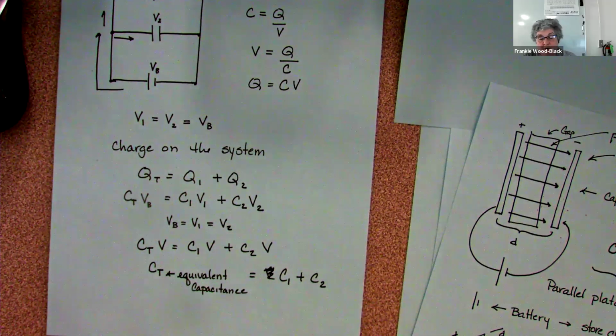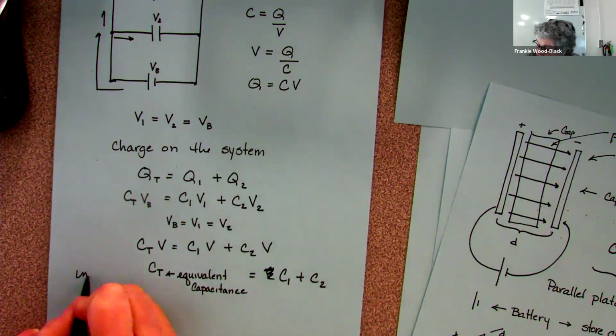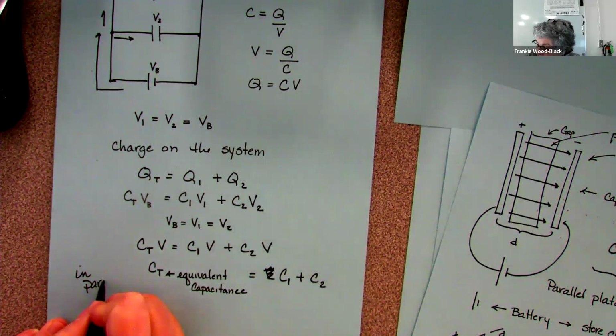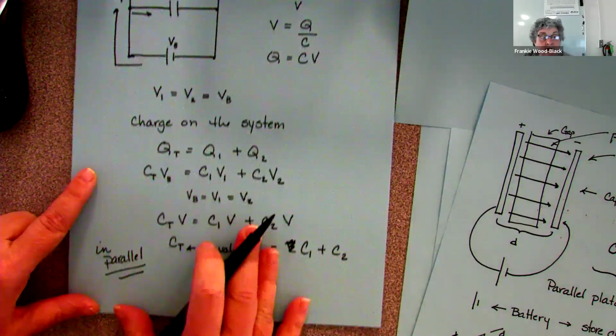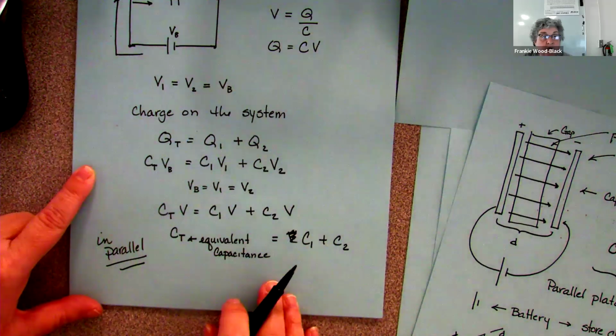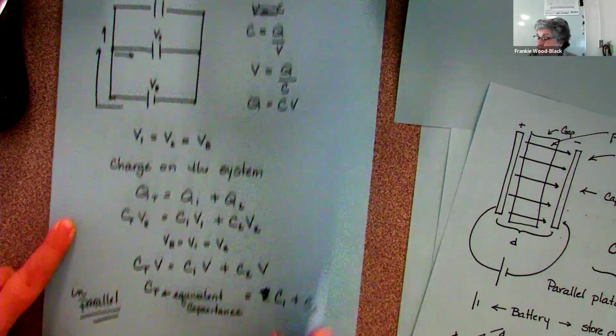And we could do this for multiple ones, and we can add on. So if I'm in parallel, think of a ladder. If I'm in parallel, that's going to be my equivalent capacitance.